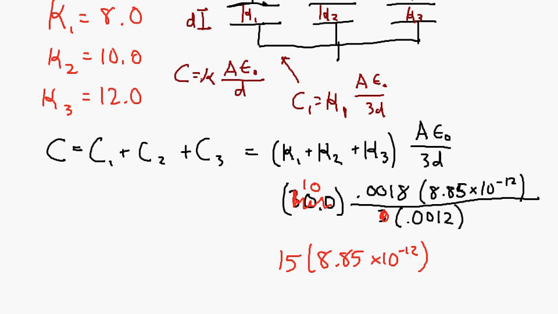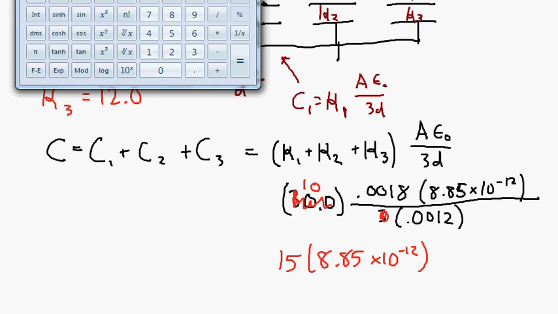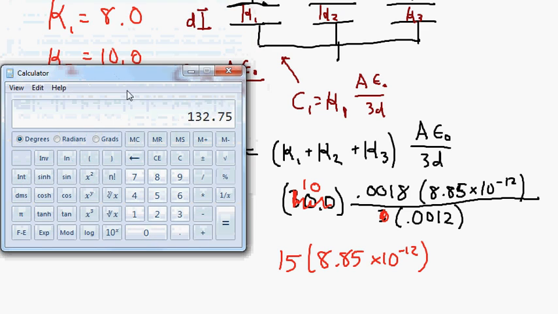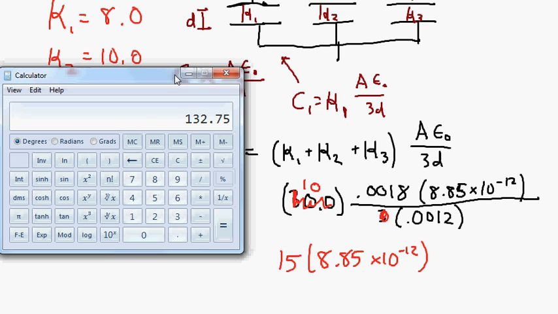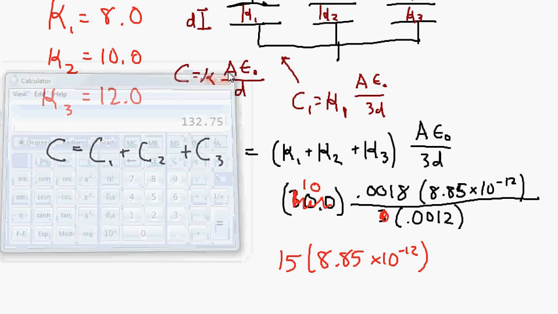Okay, 8.85 times 15 is 132.75. So really what we're going to do is just shift things 2 digits. So we got 1.32. Alright, I guess that's right.